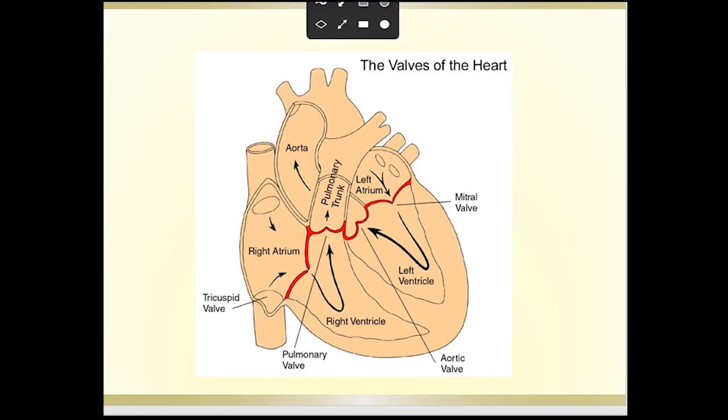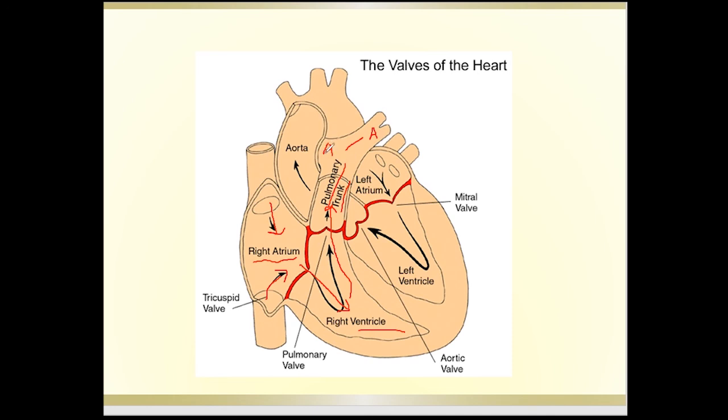The blood goes back from the big vein to the right atrium, and then through the valve to the right ventricle, and from the right ventricle through the pulmonary valve to the pulmonary artery.